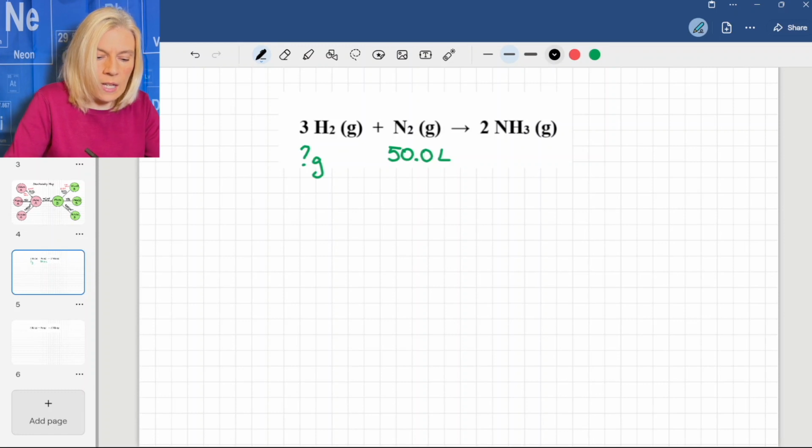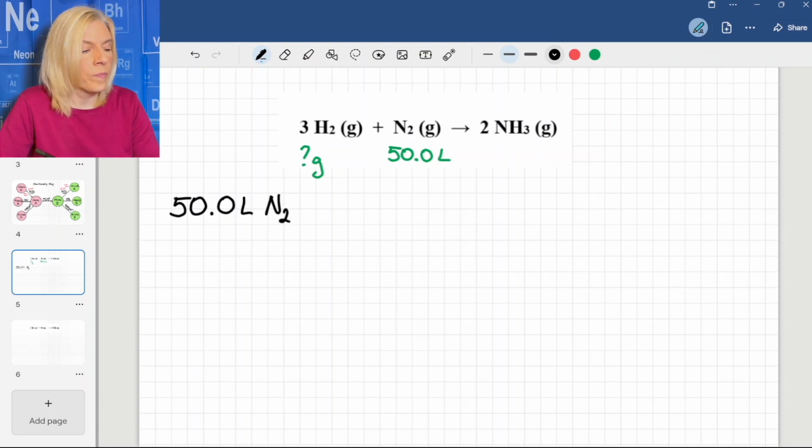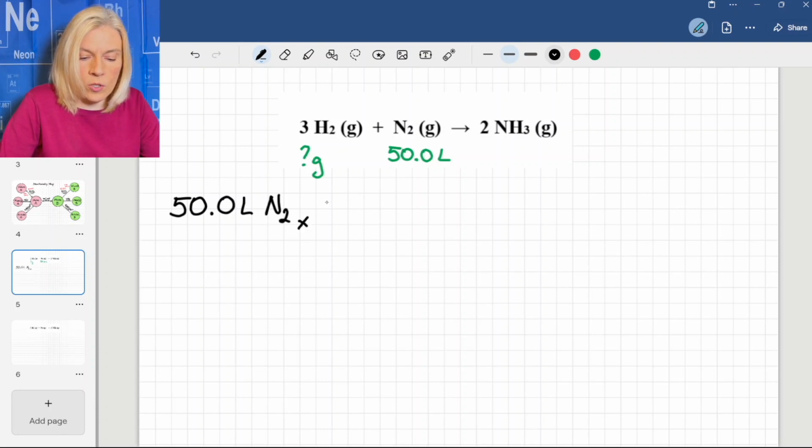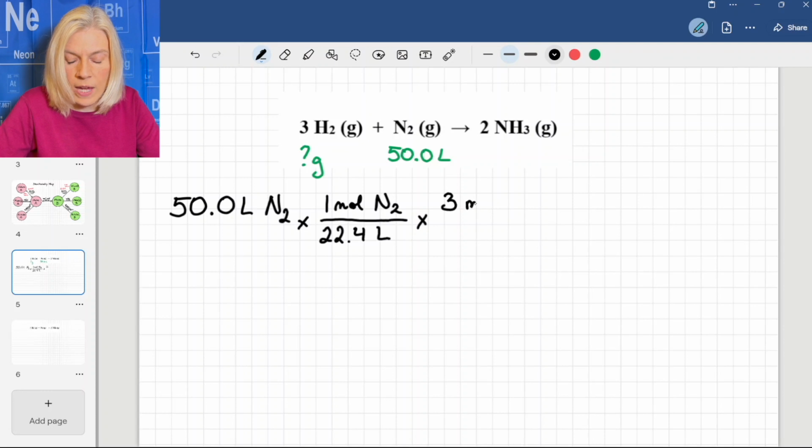Okay, so we're starting with 50 liters of nitrogen. Now this has to be gas and has to be at STP. You can use this. So what's the conversion factor? There's 1 mole of any gas per 22.4 liters. Okay, in my balanced chemical reaction, there is 3 moles of hydrogen react per every 1 mole of nitrogen reacts.